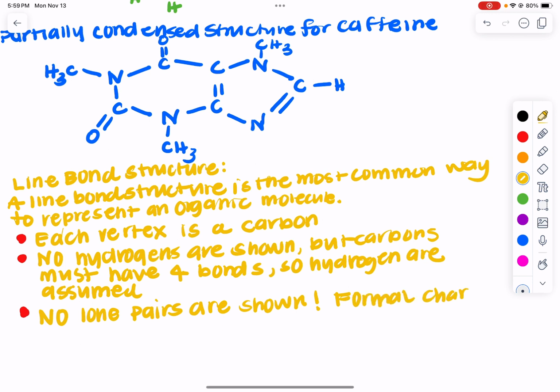Formal charges are shown if they are non-zero.